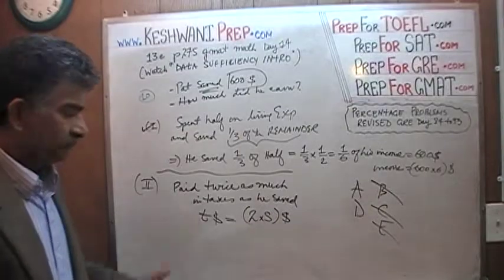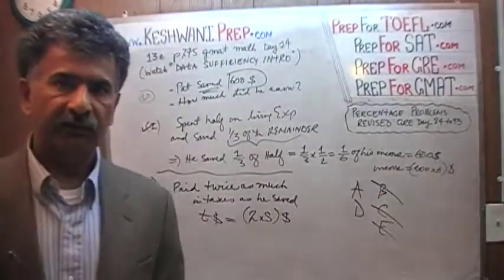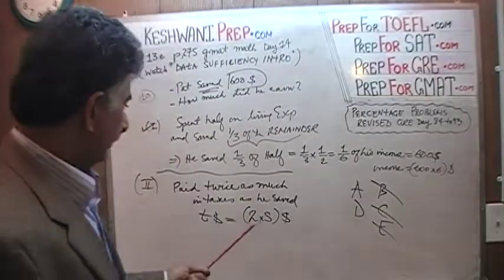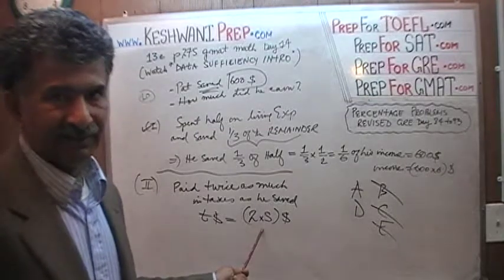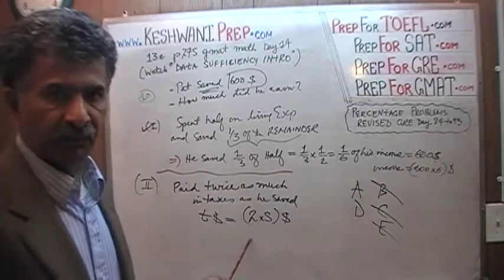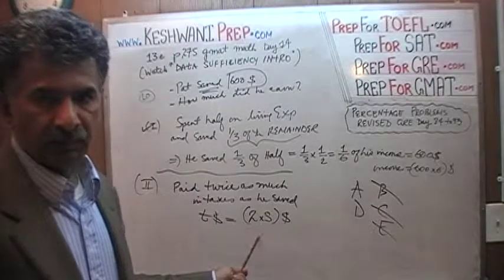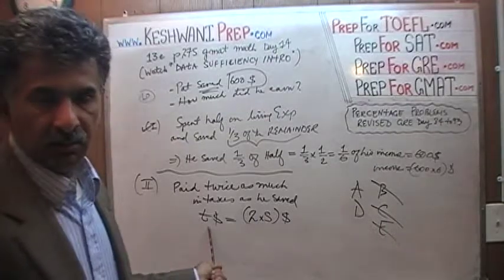But this is useless information, because knowing how much he paid in taxes compared to what he saved does not tell us what his total income is. There is no way to figure out what his total income is from this. All we know is that whatever amount of money that he saved, he paid twice as much to Uncle Sam.